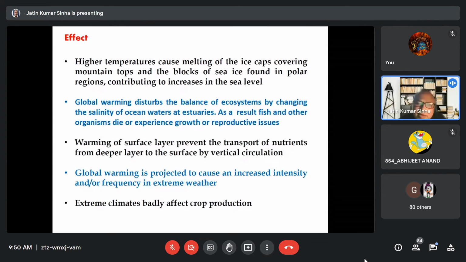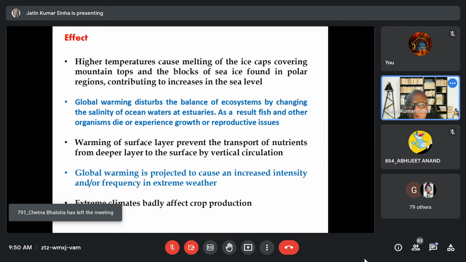If we have irregularities in the weather pattern, it would be difficult to control agricultural activities, particularly in countries like India. We mainly depend on the monsoon, which normally comes from June to the end of August or beginning of September.